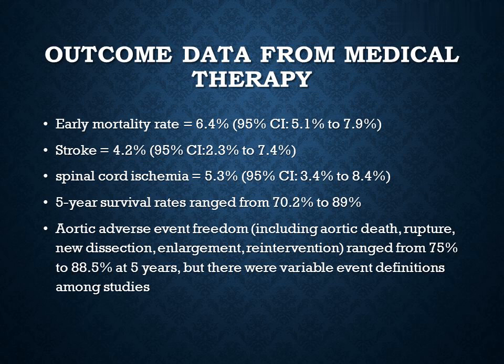Aortic adverse event freedom, including aortic death, rupture, new dissection, enlargement, re-intervention, ranged from 75% to 88.5% at 5 years, but there were variable event definitions among studies. Combined early neurological complication event rate of 10.1%, 95% CI 7.5% to 13.5%.